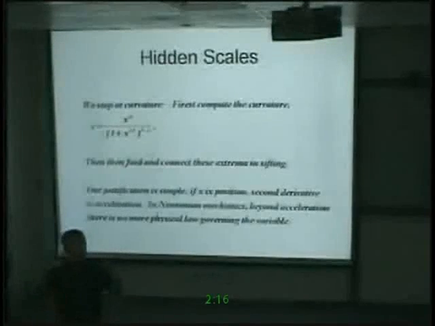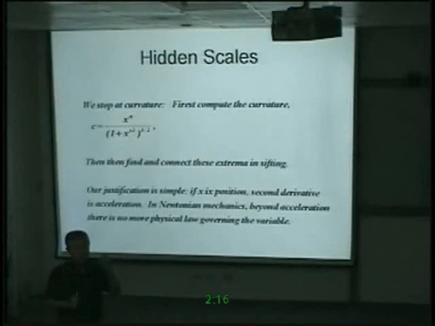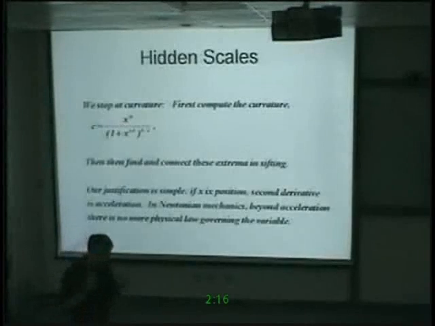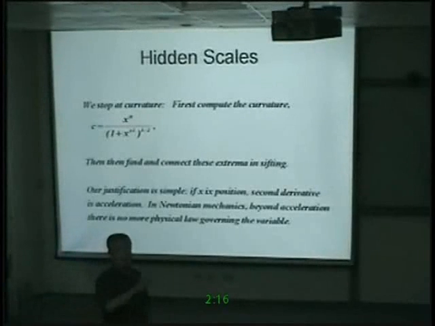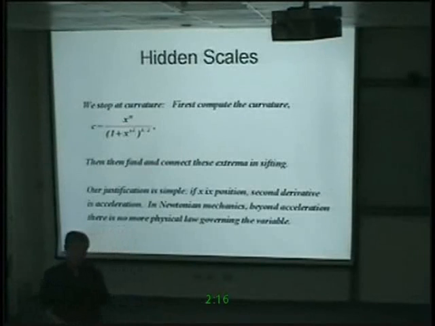Once you find them, we put those together with the maximum and minimum of the value and do a spline through that. And that immediately takes away the first order of the hidden scales.